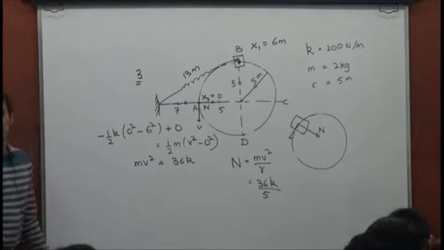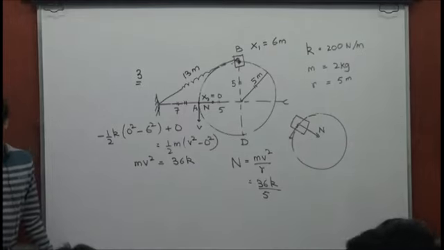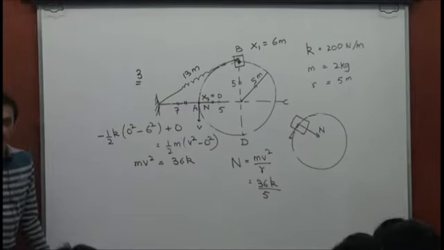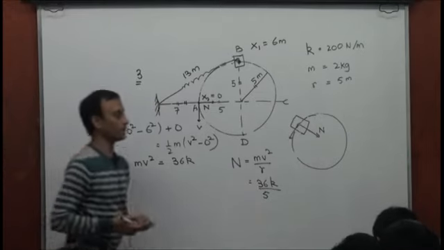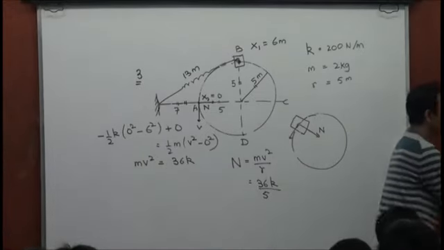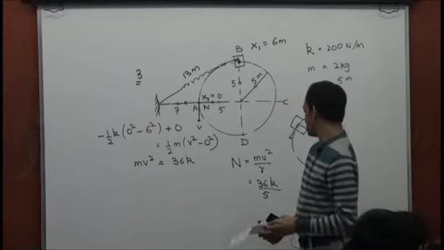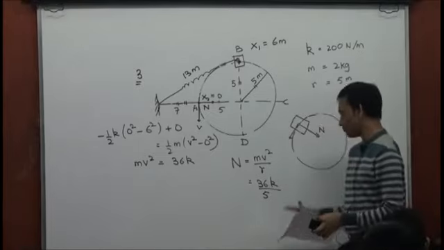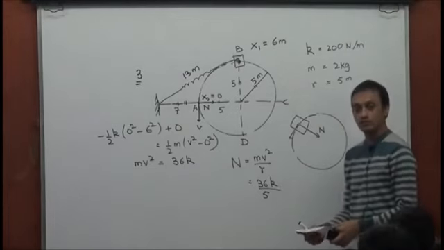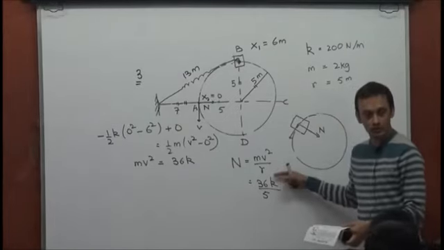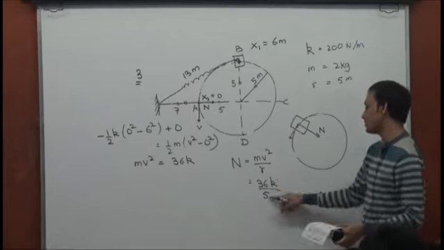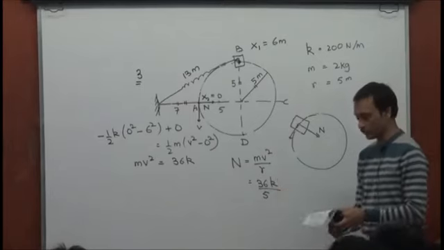This many newtons is going to be the required normal reaction at A. C, 1440 is what it turns out to be, right? K is 200, so 40 into 36, 1440.